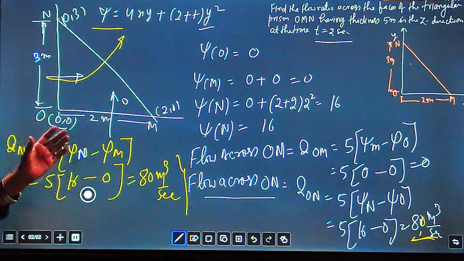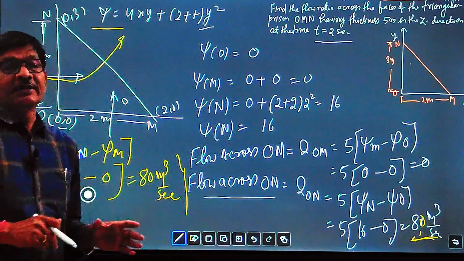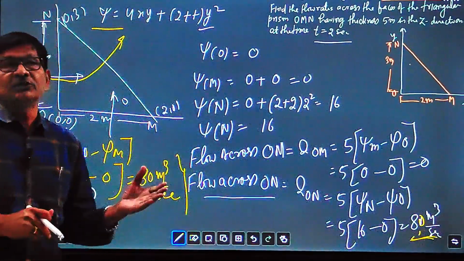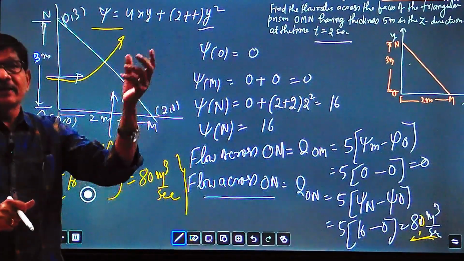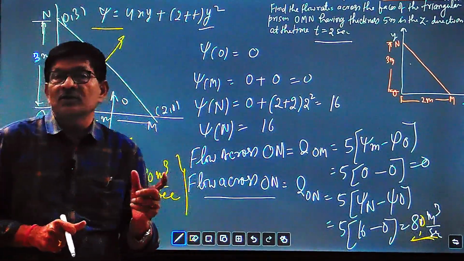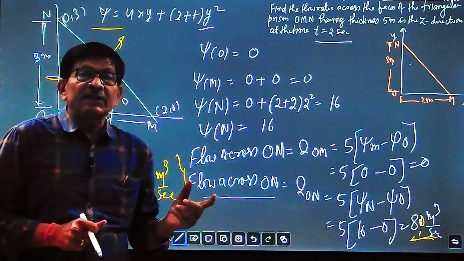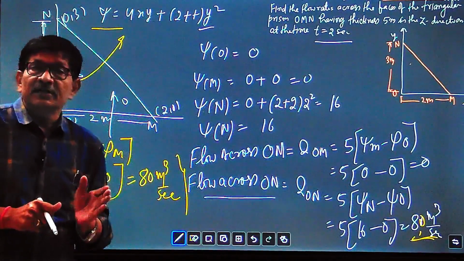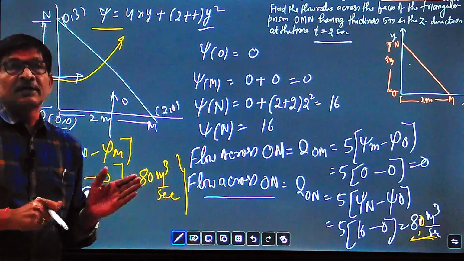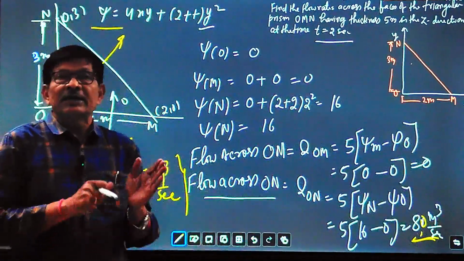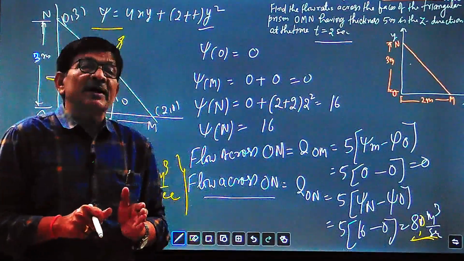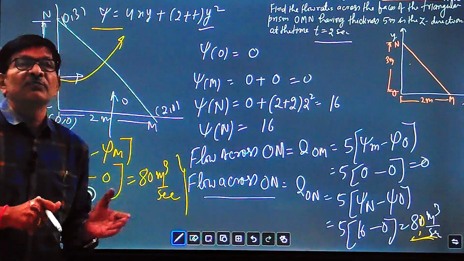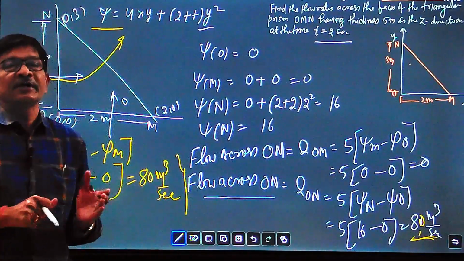What is psi and its physical significance? Then we will discuss in the next lecture what phi, the velocity potential, is. It is just the opposite concept, because for the stream function the partial derivative along the x direction gives the velocity along the y direction, but the velocity potential is defined for the flow field in such a way that the partial derivative of the velocity potential along the x direction gives the velocity along the x direction, that is u, and the partial derivative of the velocity potential along the y direction gives the velocity along the y direction, that is v, and we will not take any negative sign.